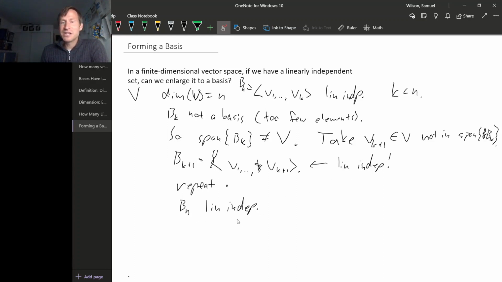So now we have a linearly independent set with n vectors. Now the question is, does this set of n vectors span V?